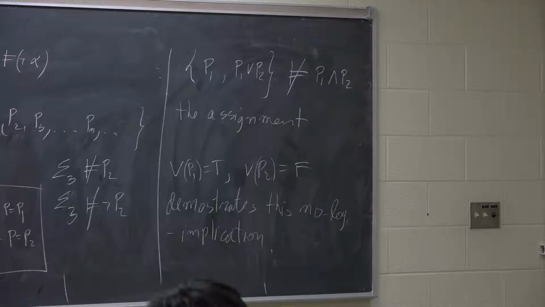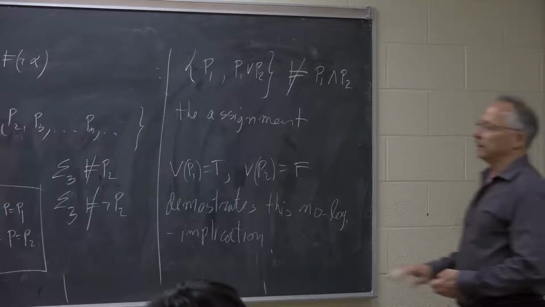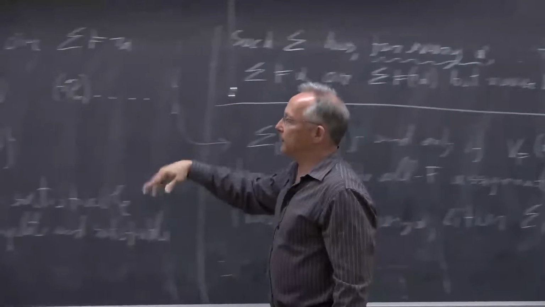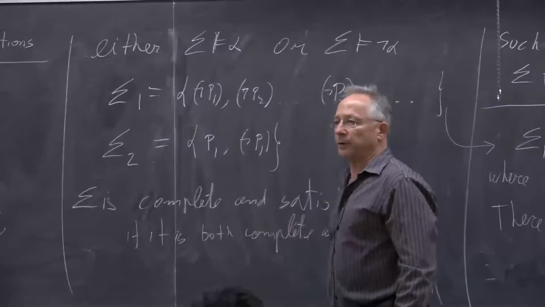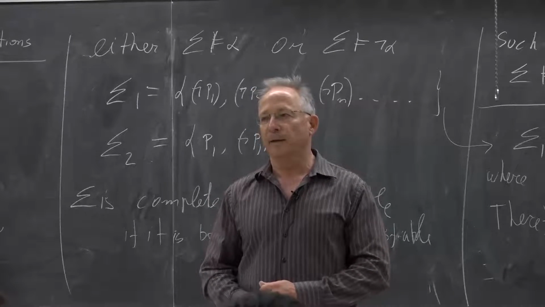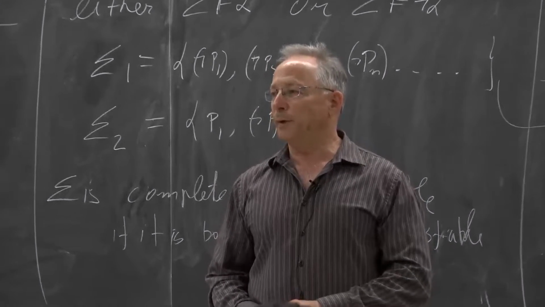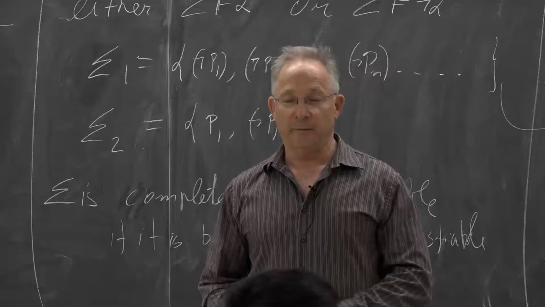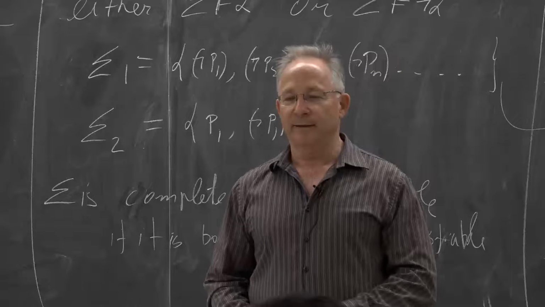Okay, so far we have three examples of complete systems, but one of them is not satisfiable. We have two examples of complete and satisfiable systems. Can you give me another example of a complete and satisfiable system? Yeah. Not P1 and then every other propositional variable.